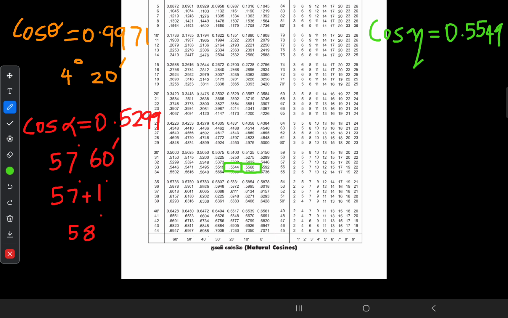Actually, when we use the cosine table, what we did previously, just think about it. We found the major table value, and from that we subtracted the mean difference. That means you have to take this into account.